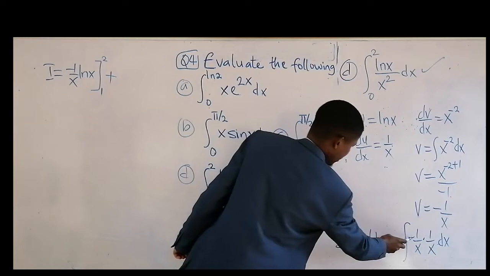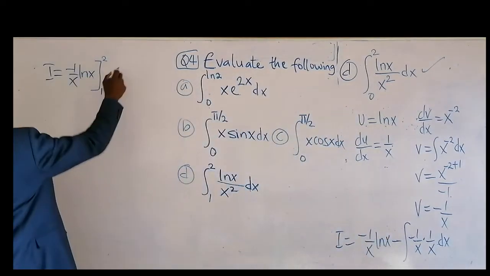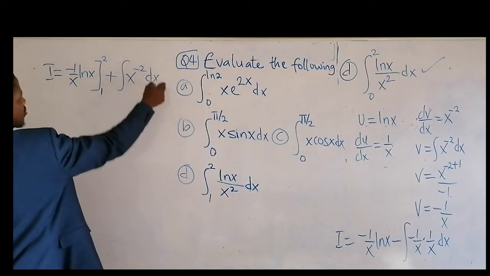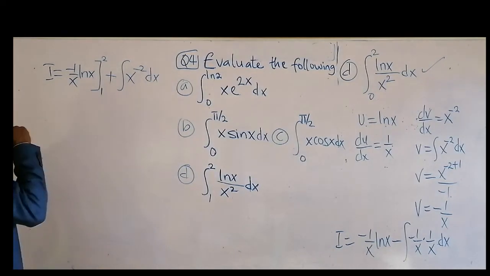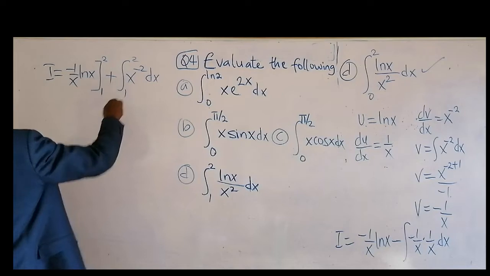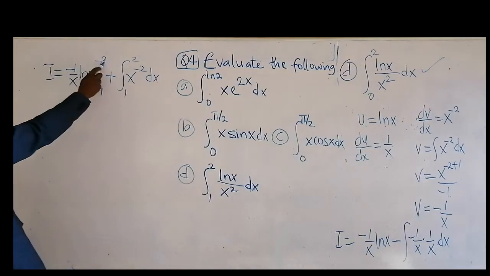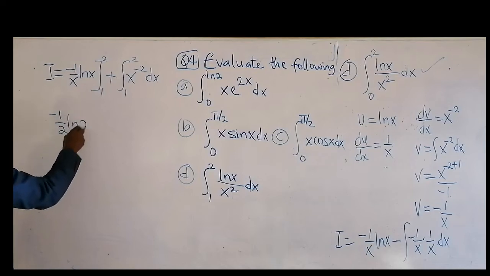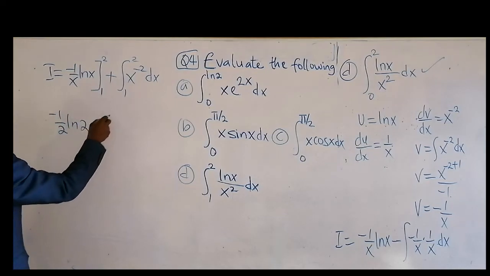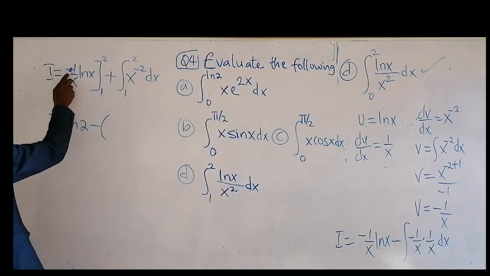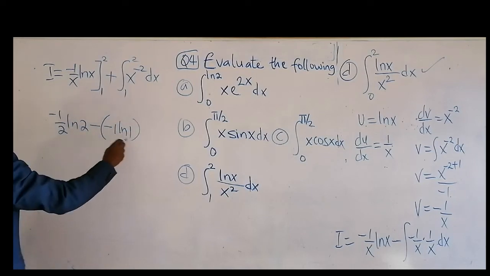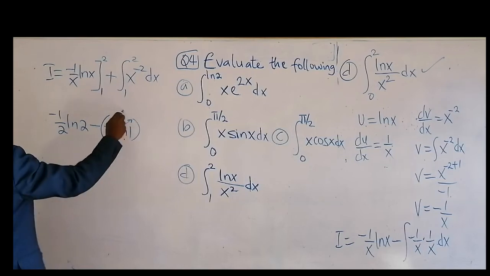Then we have the integral of x to the power minus 2 dx, 1 over x times 1 over x. Indicate your upper and lower boundary. So if you substitute the upper now, we have minus 1 over 2, and then ln 2, and then substitute the lower, minus the lower boundary will be what? This 1 over 1, that's minus 1, and then ln 1 is 0.